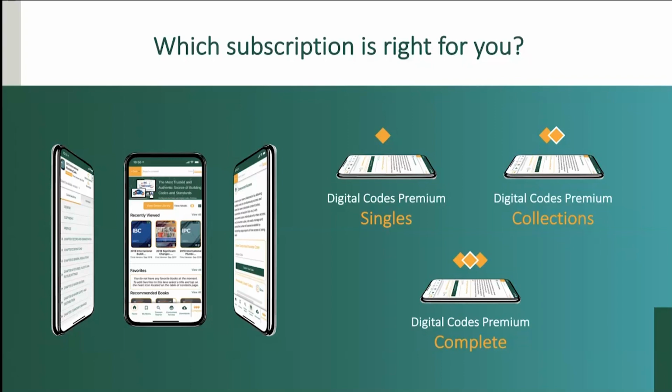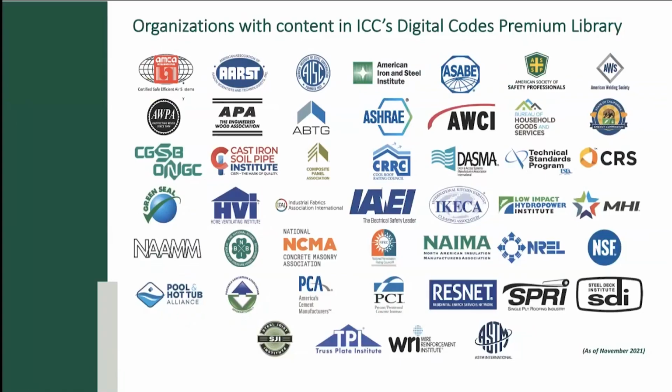Not only does it have that current cycle included in it, but also previous cycles if you need to reference those as well. And then the third, and there's multiple types of collections, and you can see those in the store. But then the final one would be the Digital Codes Premium Complete. Now, we started out naming it Complete because it included all the I-codes and content and everything that we had published from ICC, but as we began to expand content on the platform, it does include other titles from SDOs, organizations you can see here.